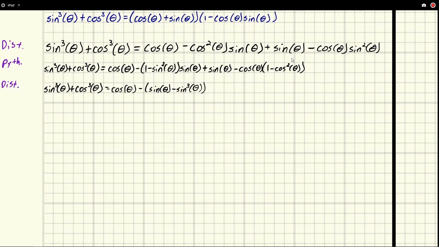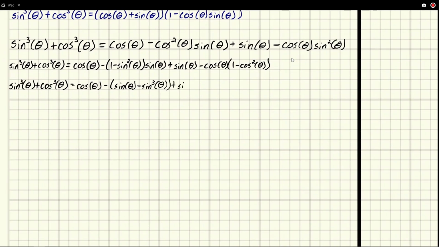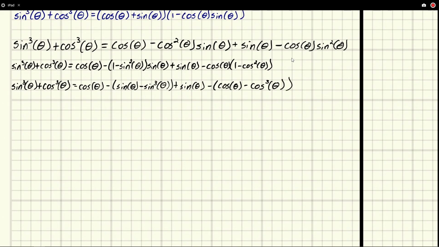Oh yeah, this is going to be gorgeous. Plus sine theta, which will cancel out with that sine theta over there, minus, parentheses, cosine theta, when we distribute, minus cosine cubed theta. I left this negative on the outside, so that's why it's not a positive yet. Yeah, just be careful with your negatives and stuff.